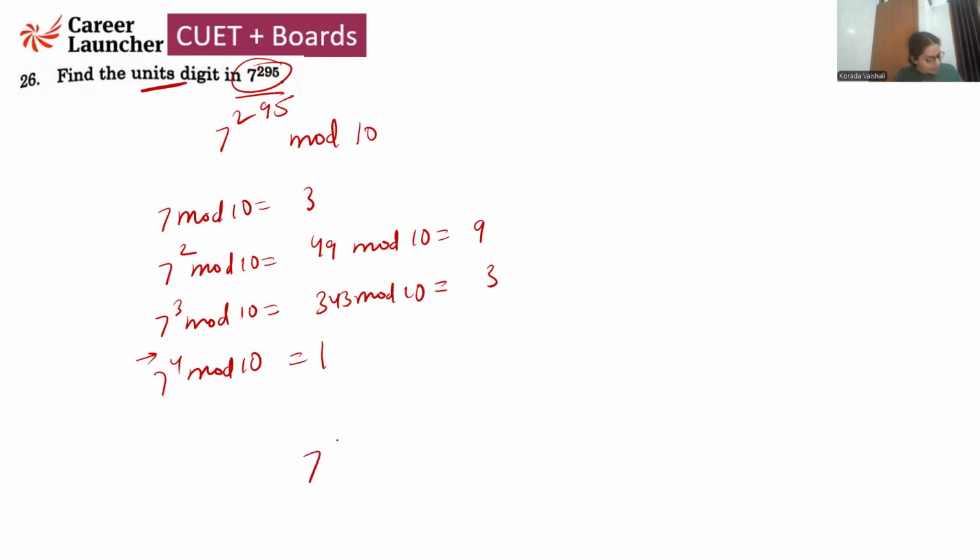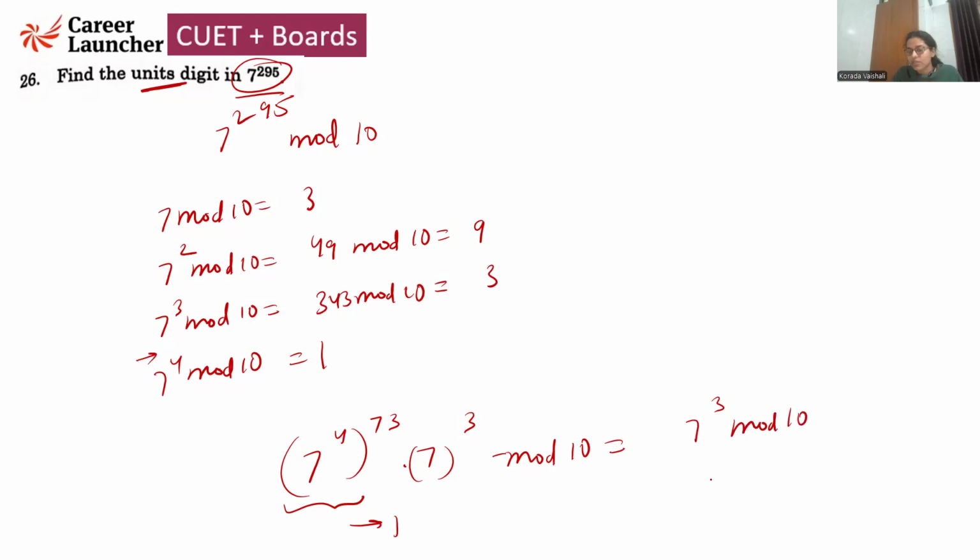So this would be 7 to the power of 4 multiplied by 73, and I'm left with 3 sevens. So 7 to the power of 4 mod 10 is 1. And what we are left with is 7 to the power of 3 mod 10, and the remainder is 3.